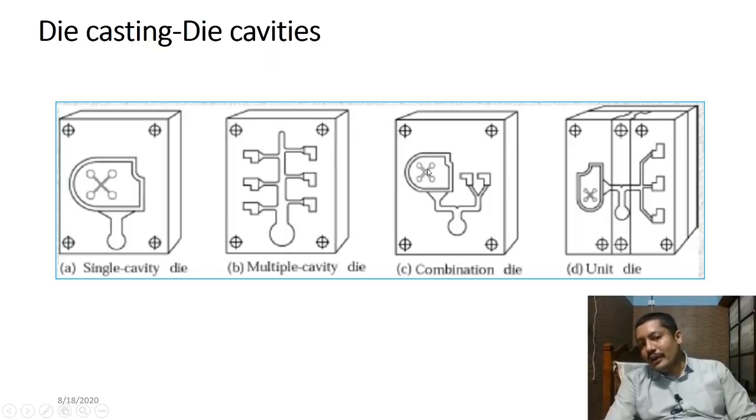A combination die is where different products or different parts are assembled in a single die. And the last one is called a unit die, where all parts of a system or all parts of a component are attached to one die. So in the case of die, it can be a single cavity die, a multiple cavity die, a combination die, or a unit die.